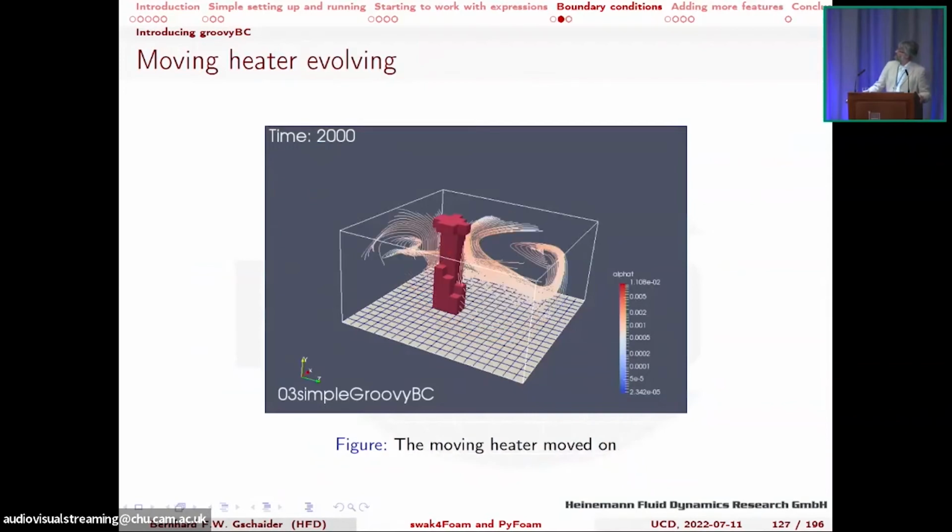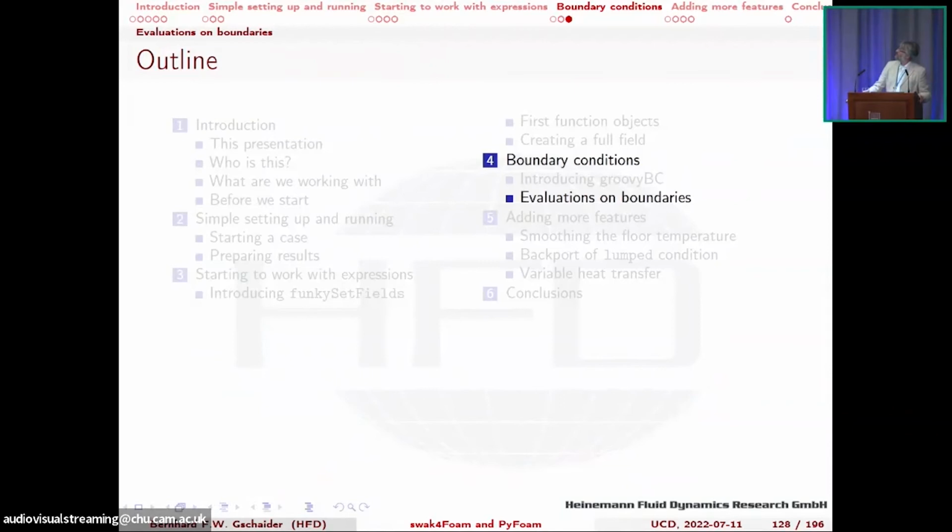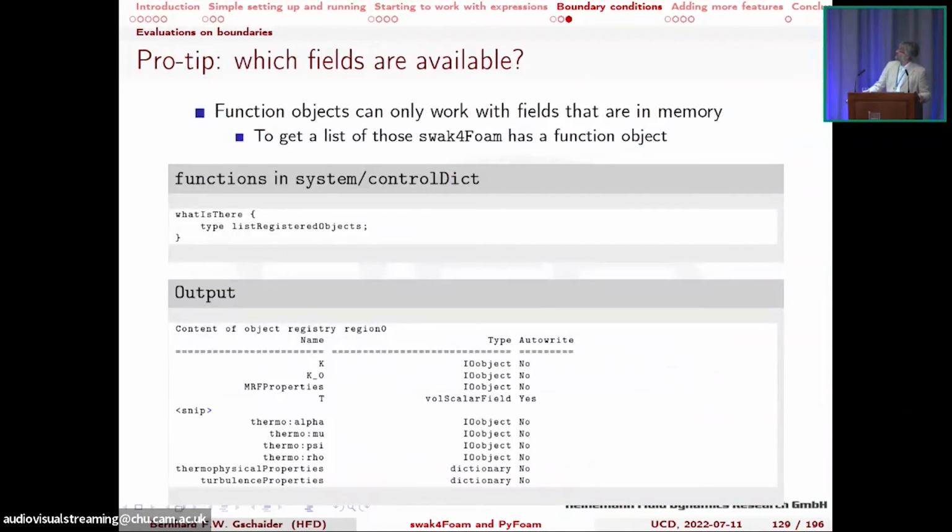Yeah, these are just some pictures from when the heater started running around. There's two things. One of them is that usually when you start writing your expressions, you say, okay, there's supposed to be a viscosity field in there somewhere. I want to evaluate the viscosity field, and the problem is that sometimes the name of the viscosity field is different between different OpenFOAM versions.